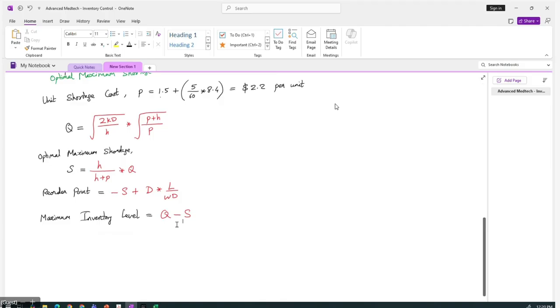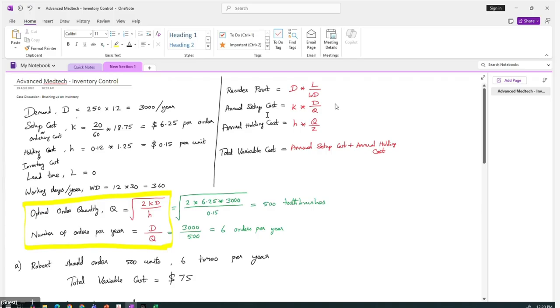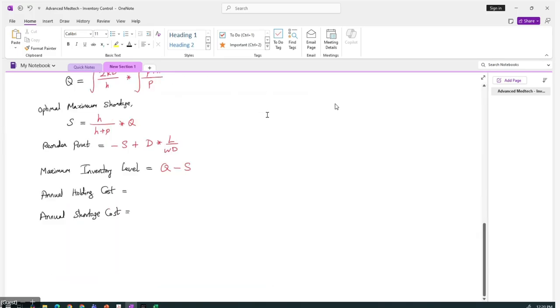Fine. Next, we have the annual holding cost, and finally the annual shortage cost. I hope you all are with me. We had written all these things for the previous scenario also. What is the difference? In the previous scenario, we did not allow for shortages. Now we are allowing for shortages.